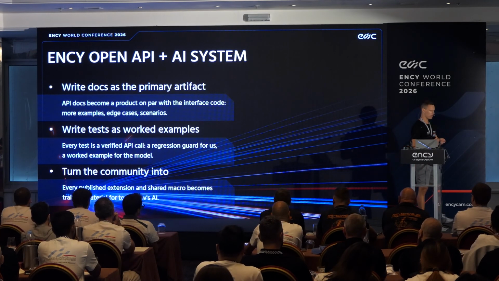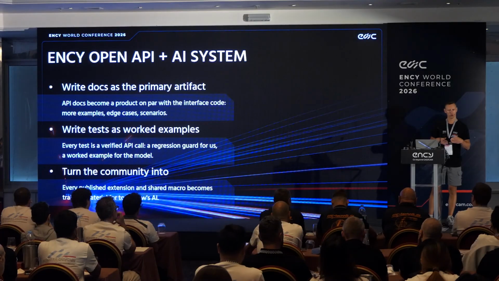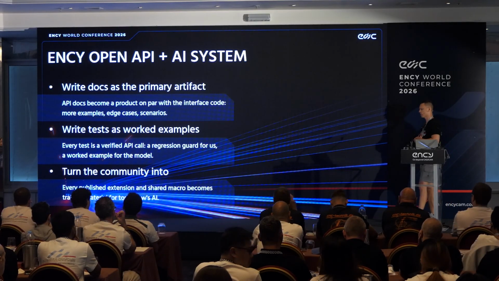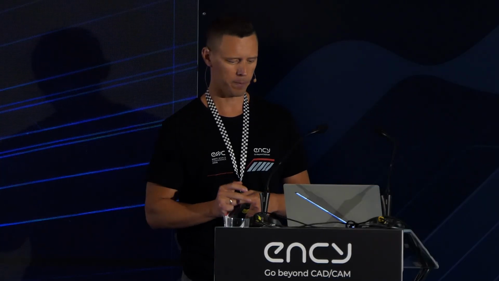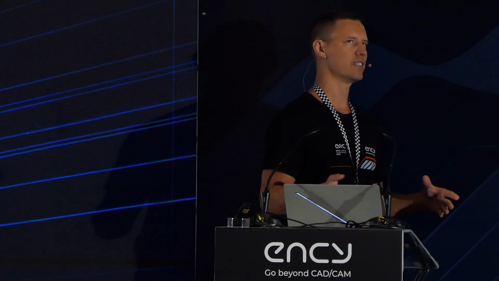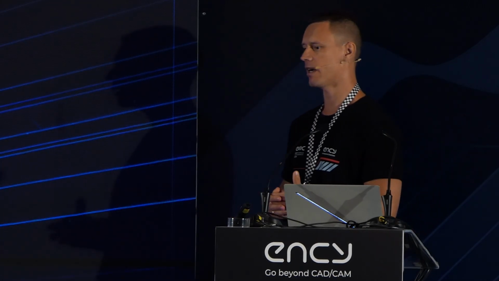Okay, so now what should we do for the API, for the AI? First, documentation as the main artifact. We need more documented examples, more documented edge cases worked through. We need more live scenarios. Second, each test is now a ready-made scenario. A test is no longer just insurance against regression.